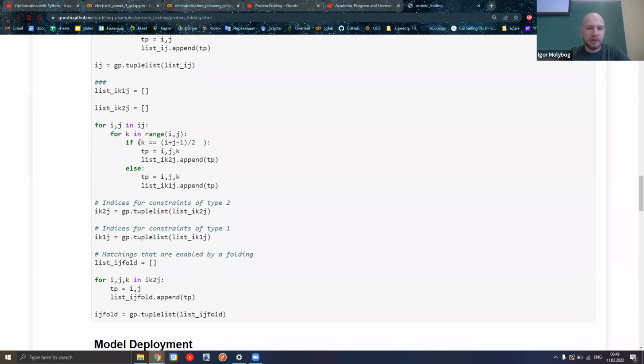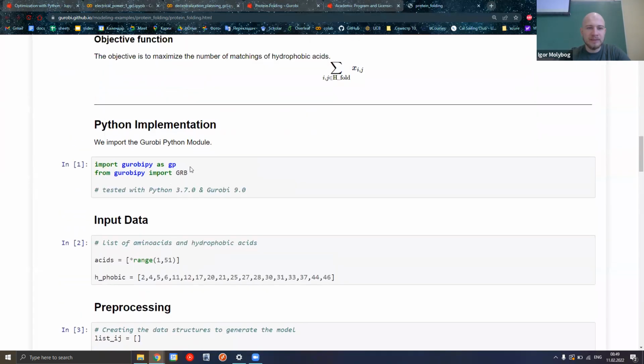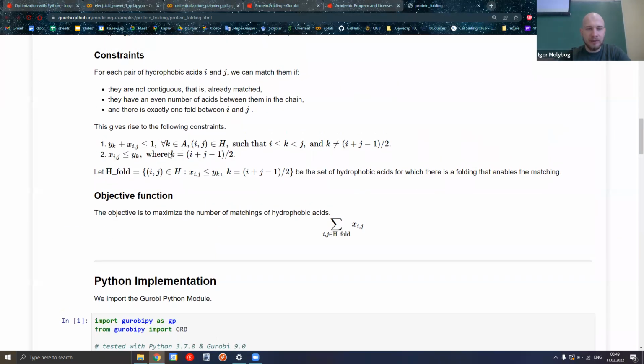Okay, so let's just take a look. So if we are going over all of the locations k between I and j, we are putting a location like a tuple ijk into the list 2 if our k is in fact in the middle between I and j. If k is not in the middle between I and j, we put it into the first list. So this separates the first case from the second case.